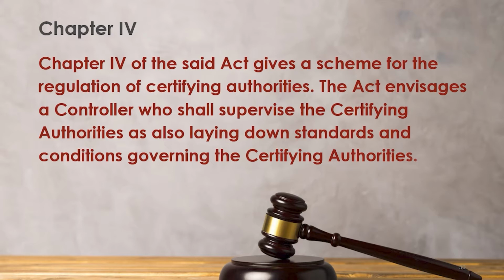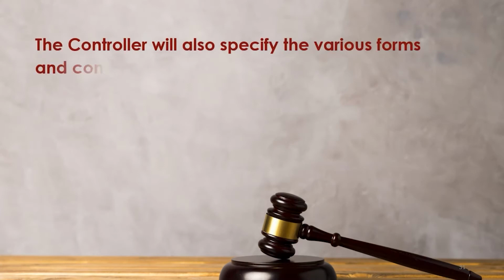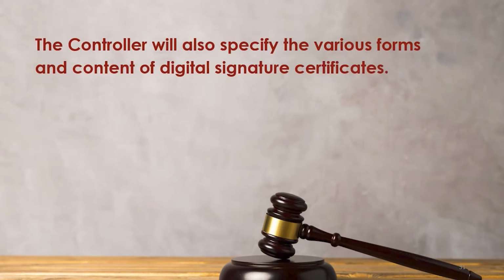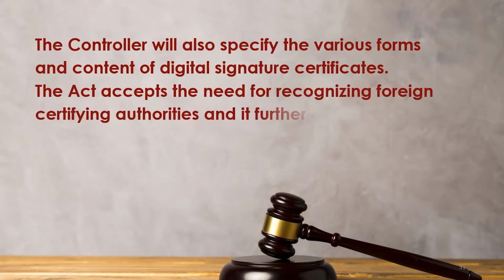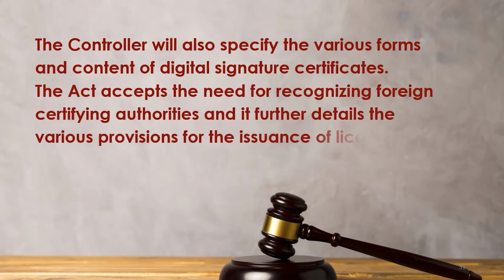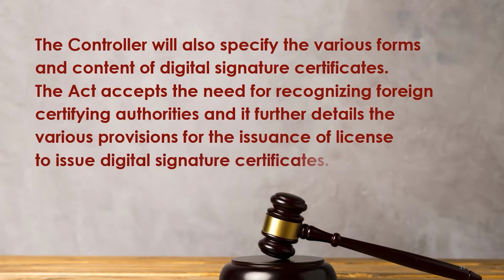The act envisages how those agencies should behave and deliver, and the act will appoint a controller who will specify the various forms and content of digital signature. So, what will be there in the digital signature certificates, and the act accepts the need for recognizing foreign certifying authorities, and it further details the various provisions for the issuance of licenses to issue digital signature certificates.